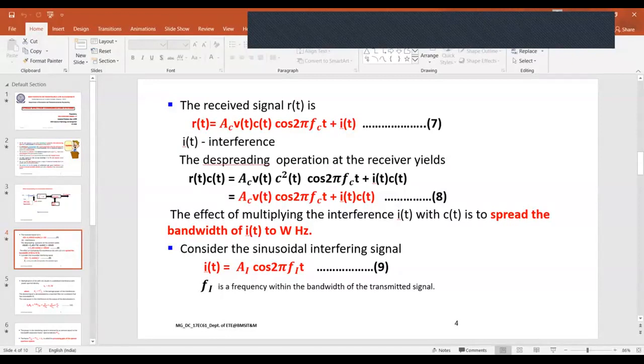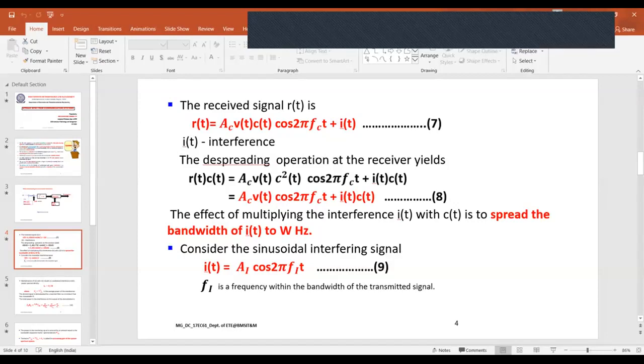So here, what we are doing is the interfering signal or interference signal is also multiplied with the pseudo noise code. Okay, means that is also spread over the entire bandwidth of the channel. So the effect of multiplying the interference signal with the pseudo noise code is to spread the bandwidth of that interference signal to channel bandwidth. Okay, so let me consider the sinusoidal interfering signal as an example.